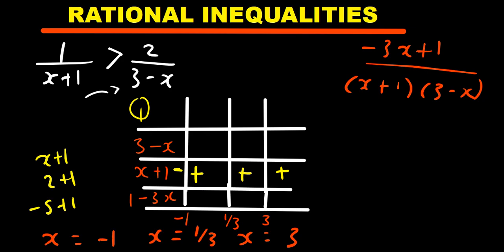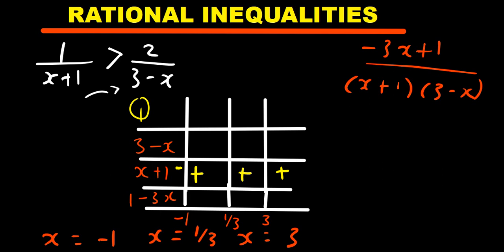Then let's come to 1 over 3. Which equation gave us 1 over 3? The equation on top.